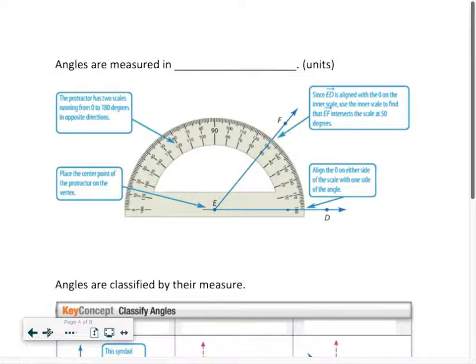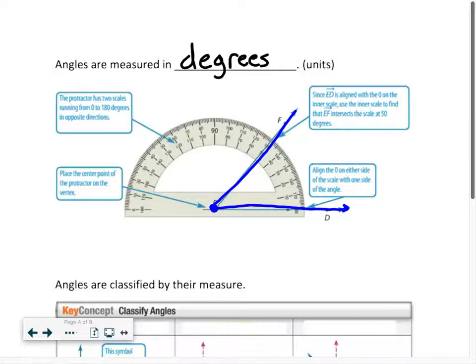Angles are measured in degrees. That's the units we use for our angles, okay? And if we take a look here at a protractor, if we're going to measure this angle, I'll use blue, angle FED, you'll want to line up the middle of your protractor with the vertex of the angle.